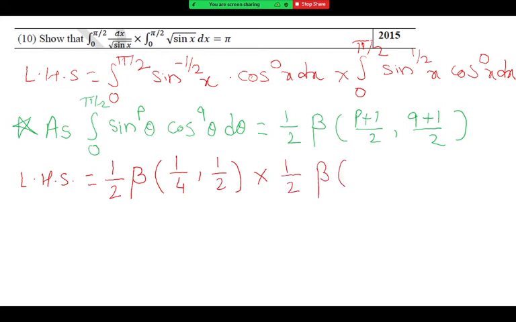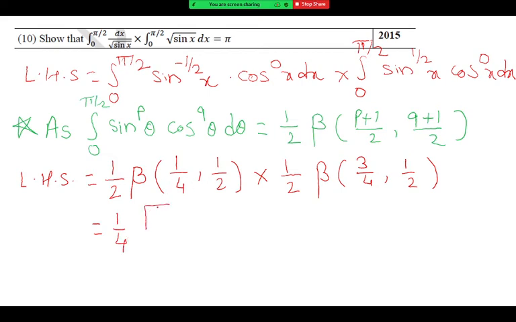What is the beta now? 3 by 4. 3 by 4 is the correct answer, and 1 by 2. So we have to simplify this. This 1 by 2 and that 1 by 2, I will write as 1 by 4 completely out. We convert from beta to gamma.